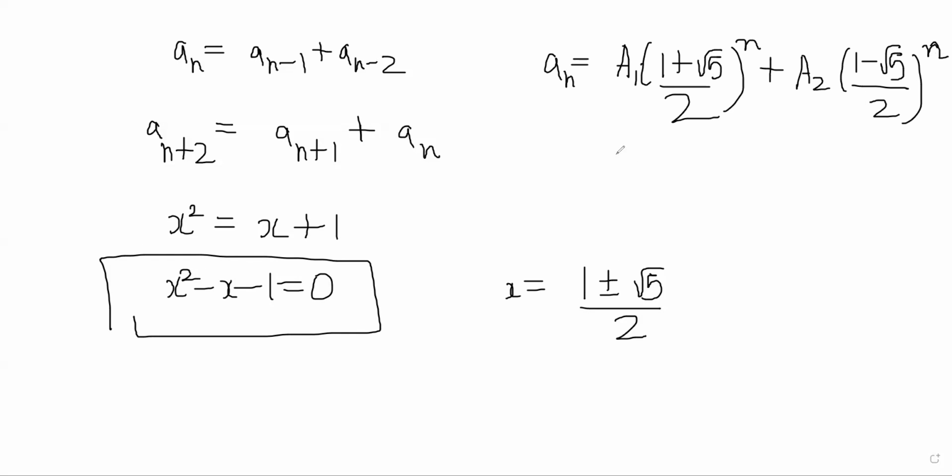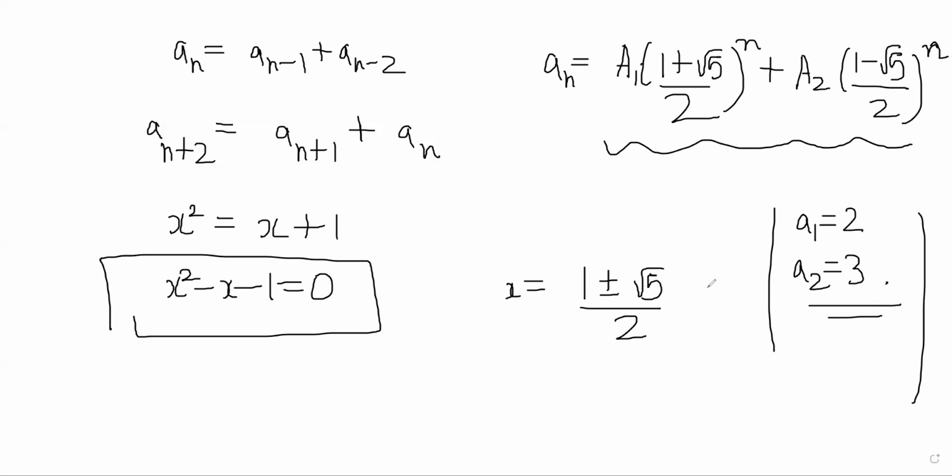Now using some initial data, for example, we already know A1 is 2, A2 is 3, you can find the constants. I will leave the solution of the recurrence to you, but the main idea of the problem was to establish the recurrence. So hopefully you'll learn something from this video.